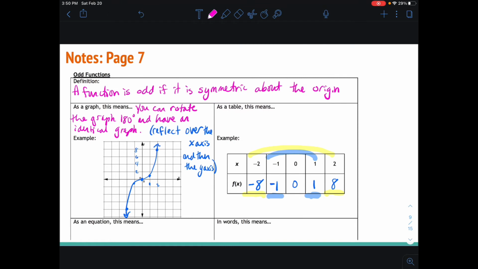So as a table, this means the outputs that are the same distance from x equals 0 are opposite values.